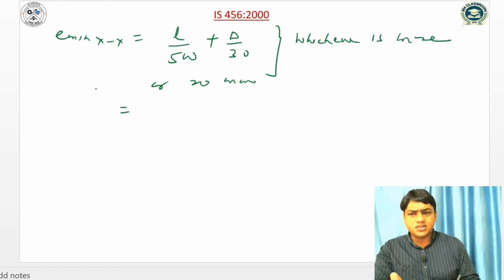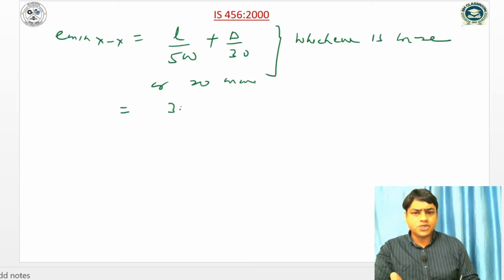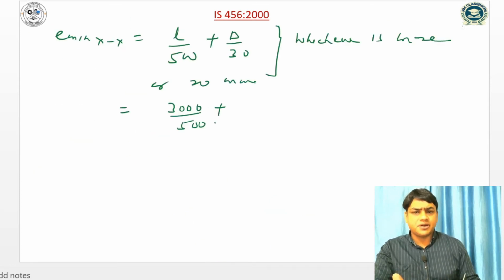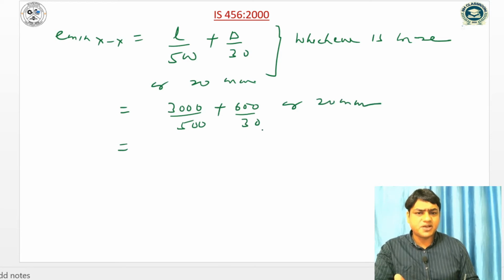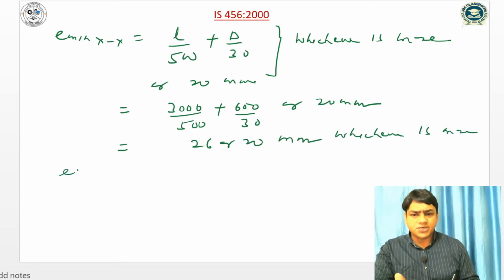So the unsupported length of the column is 3 meter, so 3000 divided by 500 plus least lateral dimension 600, 600 by 30, or 20 mm, whichever is more. So if I compute, it will be 6 plus 20, means 26, or 20 mm, whichever is more. So the minimum eccentricity in x direction will be 26 mm.